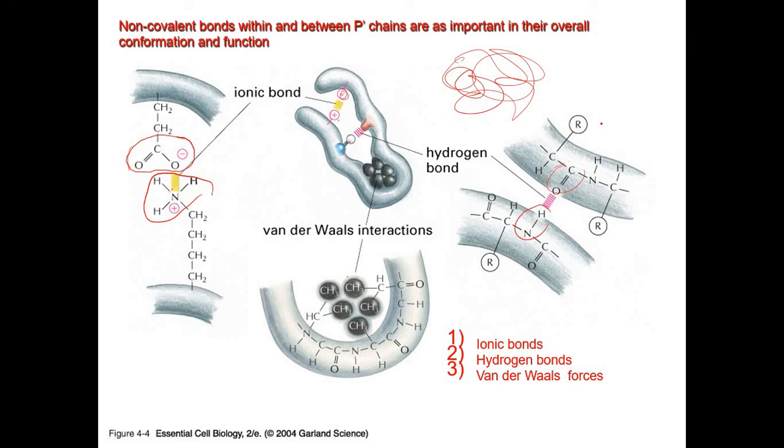You have a carboxyl group and an amino group. So you can have this hydrogen bonding, or you could have this side chain hydrogen bonding. So you have side chains that can form hydrogen bonds, right? So you can also have hydrogen bonds from the main carboxyl and the amino. Okay?